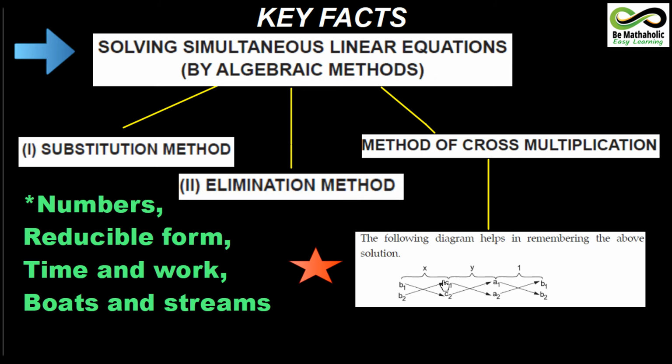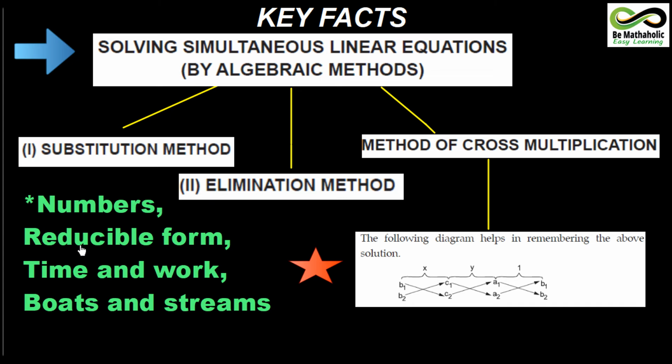Now this method of cross multiplication has some conditions. You have to just remember the process of solving through cross multiplication. This is very, very important. Now besides all three methods, children, you must have seen problems which are based on numbers. Then there are certain equations which are to be formed into a reducible form.